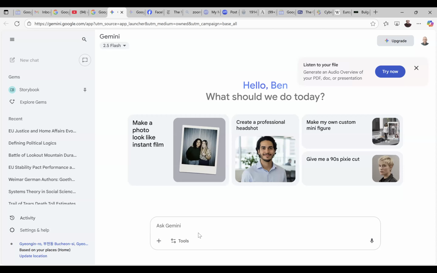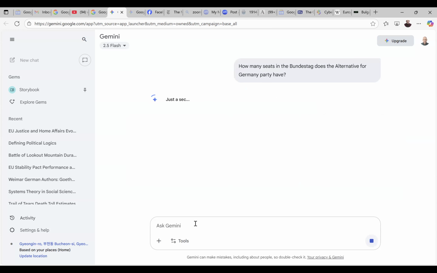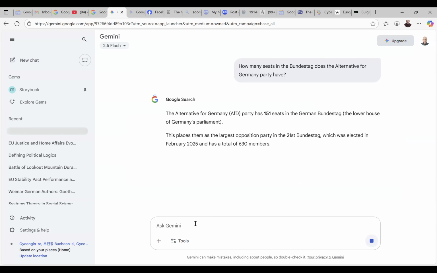How many seats in the Bundestag does the Alternative for Germany party have? And it says here that it's 151.